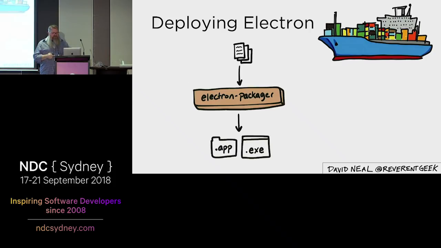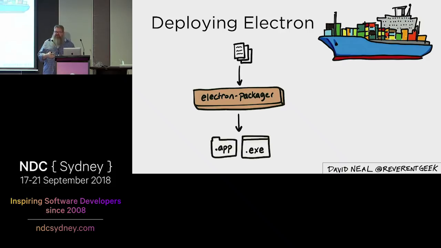application, then you can take that a step further and use Electron Packager. And that's going to take the version of Electron that you're building with, plus your HTML and CSS and JavaScript, and it's going to create an app file or an exe for Windows, and you can add in your own assets with that.